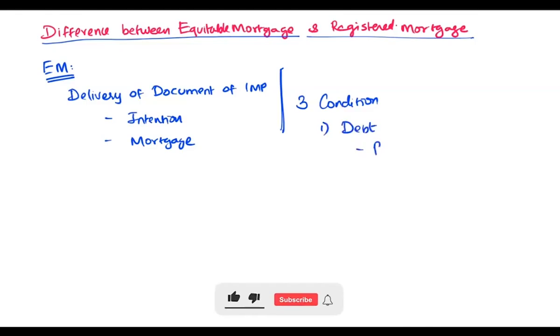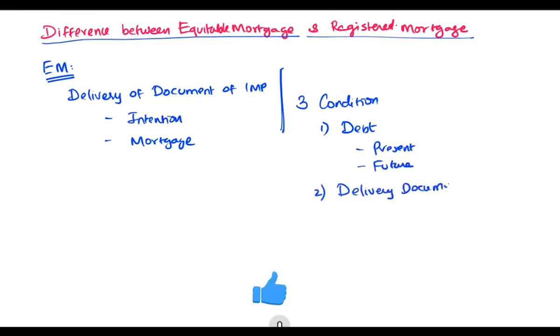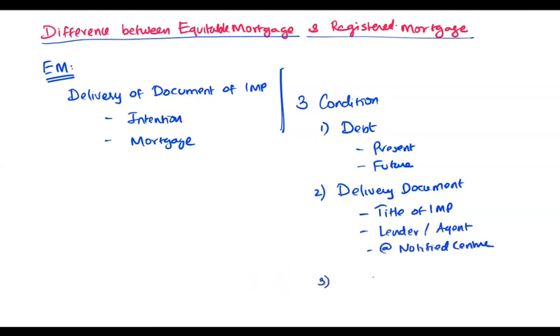This debt can be a present debt, it can be a future debt. Number two, there should be delivery of documents, which is basically title of immovable property. And this delivery should happen to the lender or his authorized agent, and this should happen at notified center. And the third condition, already I said, this delivery should happen with an intention to create mortgage.